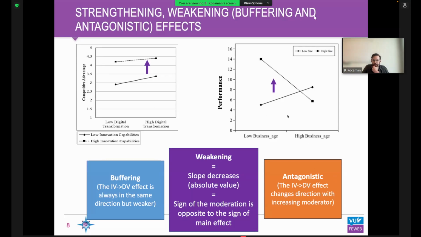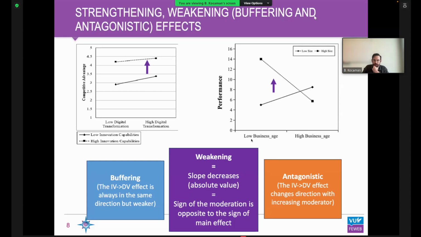And when we look at the other picture, we see an antagonistic effect. In this case, the increasing level of the moderator flips the sign of the relationship. So let's look more carefully.